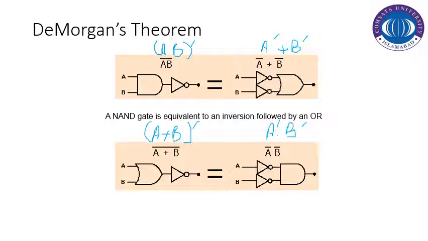Okay, so I hope the concept of De Morgan's theorem is now very much clear. Basically, it deals with the inversion of a function and how the terms in a function are converted into their equivalent representation, which we have proven using the theorem. We have seen both versions of the theorem, one with respect to the dot operator and one with respect to the plus operator, the Boolean operators.